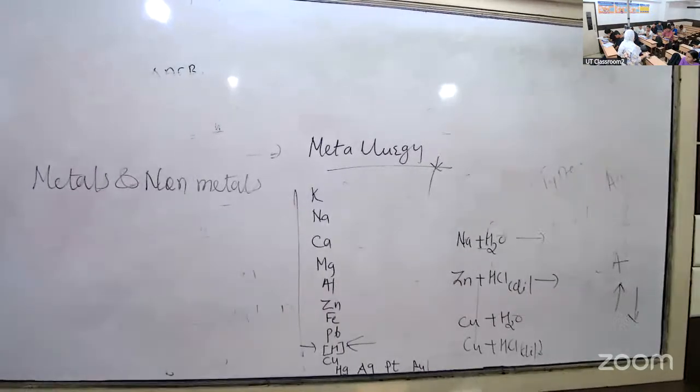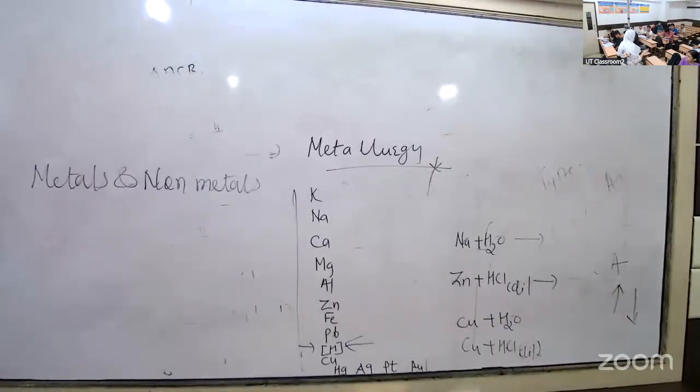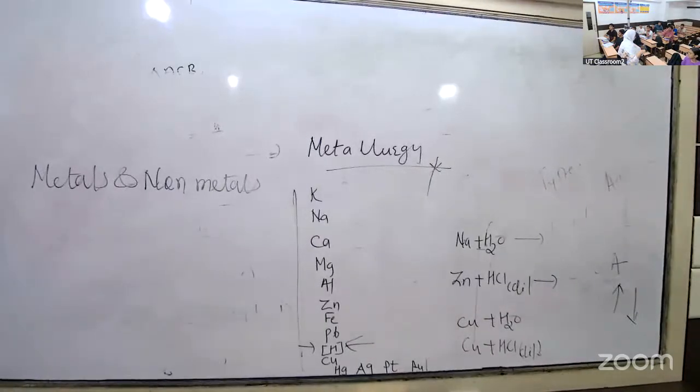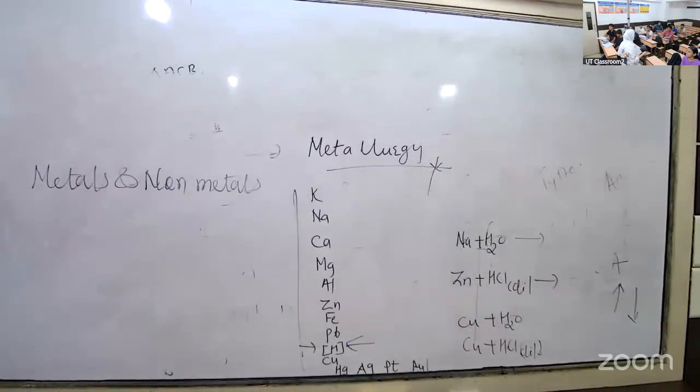Do you think it is correct? You have written the salt, but whether all three products are formed, is it the correct way of writing? Somewhere you have made a mistake in balancing that reaction.